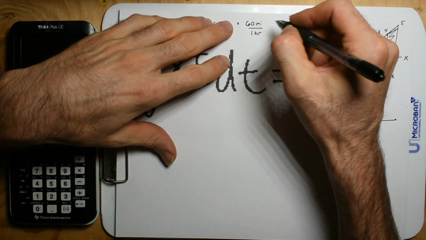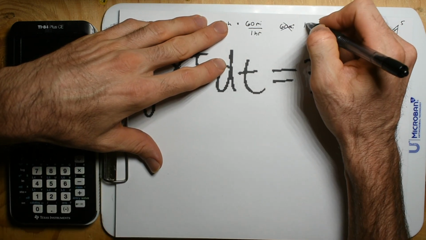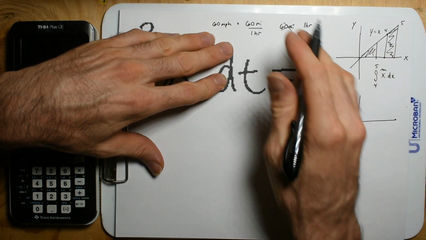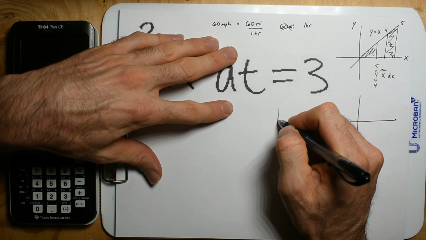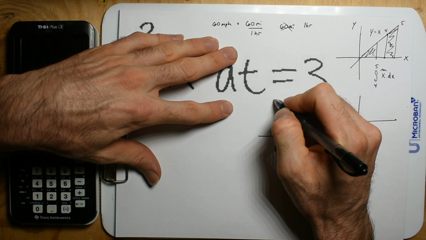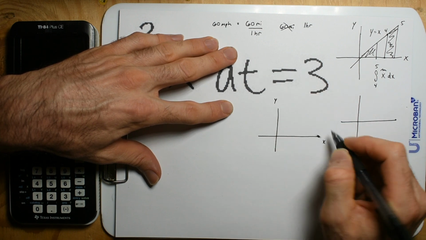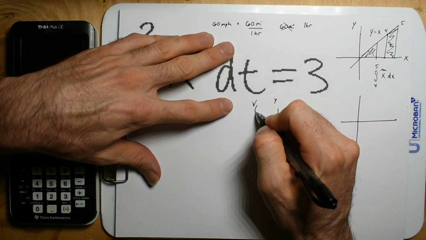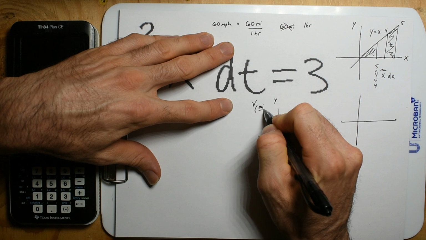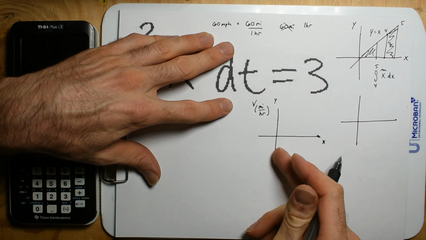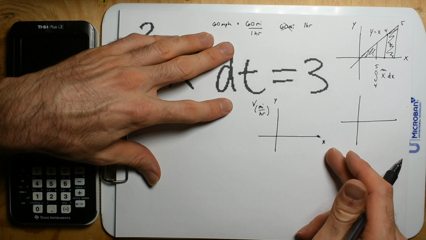But if I'm going 60 miles per hour for 1 hour, how far did I go? So let's do that. We're going to have a scale here, the y part and the x part. The y part is going to be our velocity, in units of miles per hour. Okay, hell yeah. Now this is how far we went.